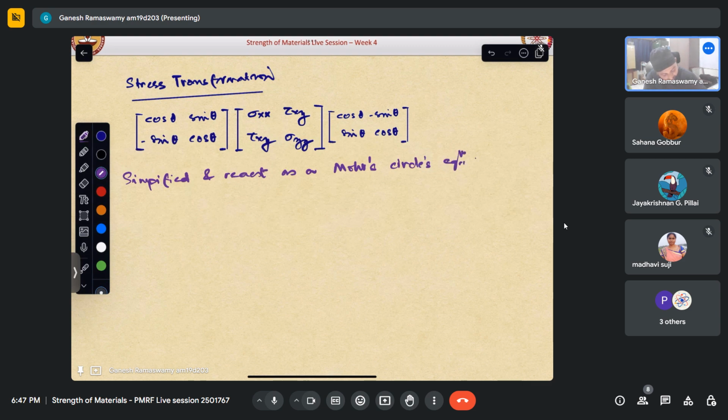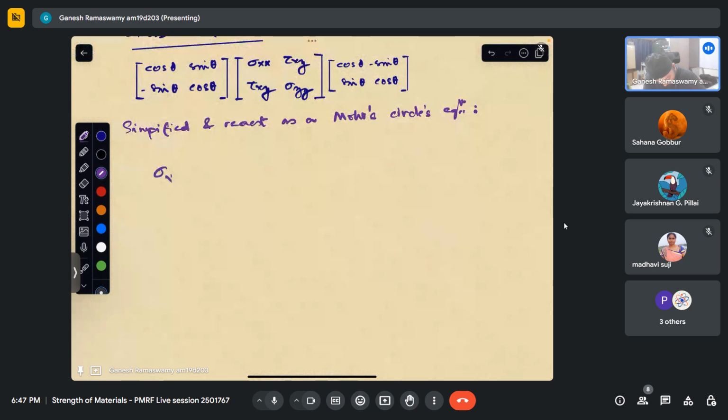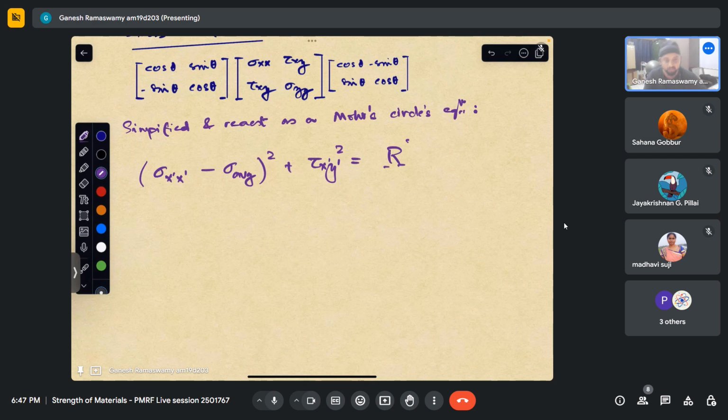What we were getting was sigma x prime minus sigma average, whole squared, plus tau x prime y prime squared was giving us some r squared, which was having some formula.